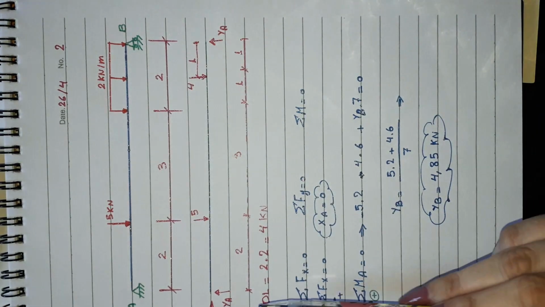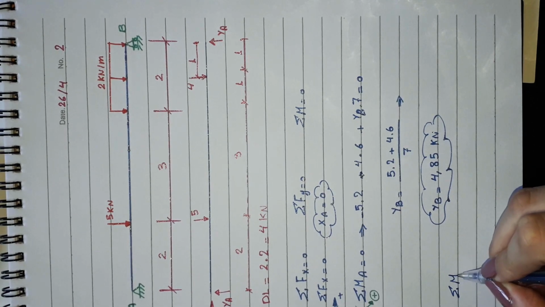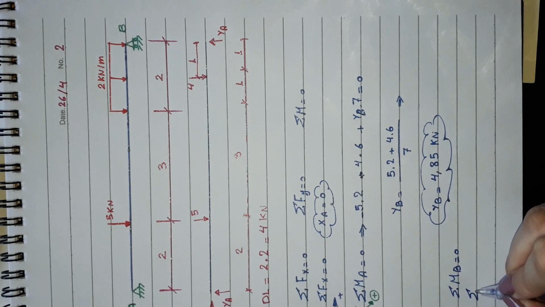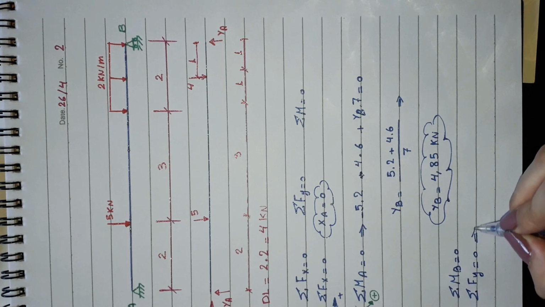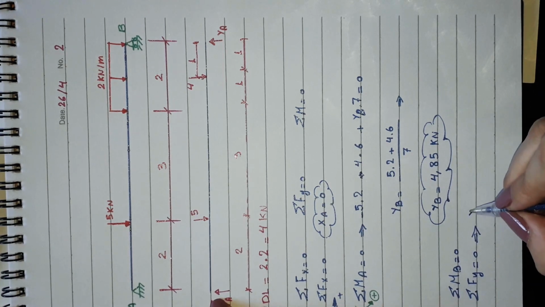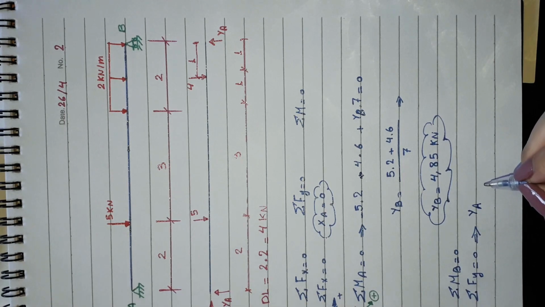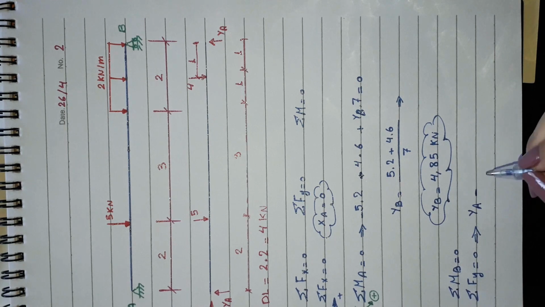In order to find YA, we can either write the sum of the moments around the point B equals 0, or we can easily write the sum of the forces in the Y direction equals 0, and that gives us YA. I assume that its direction is in the positive direction of Y. It could be right or wrong.